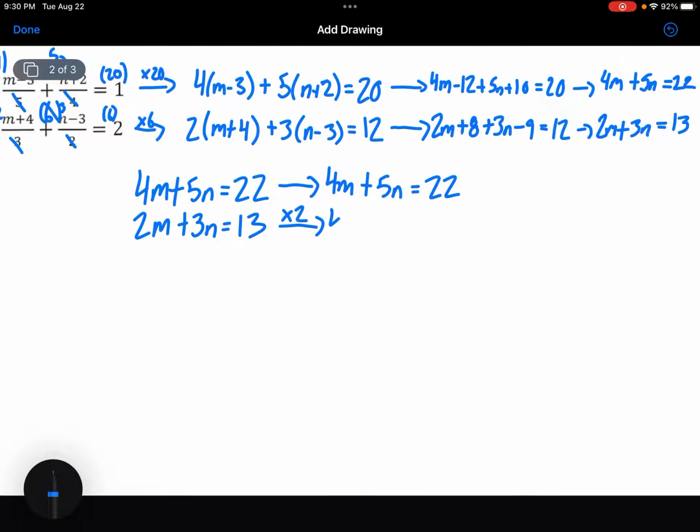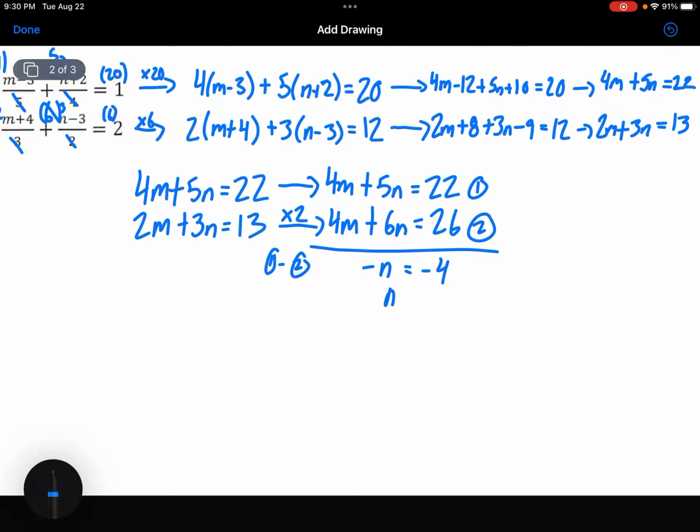Here though, we're going to multiply by 2. So we get 4m plus 6n equals 26. We're going to have 1 and 2. We're going to do 1 minus 2. We're going to get negative n equals negative 4, n equals 4.